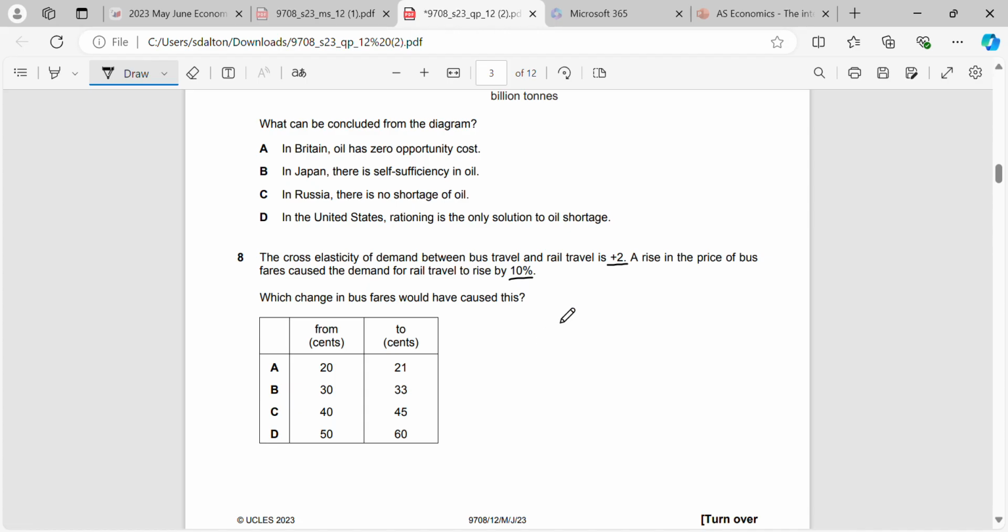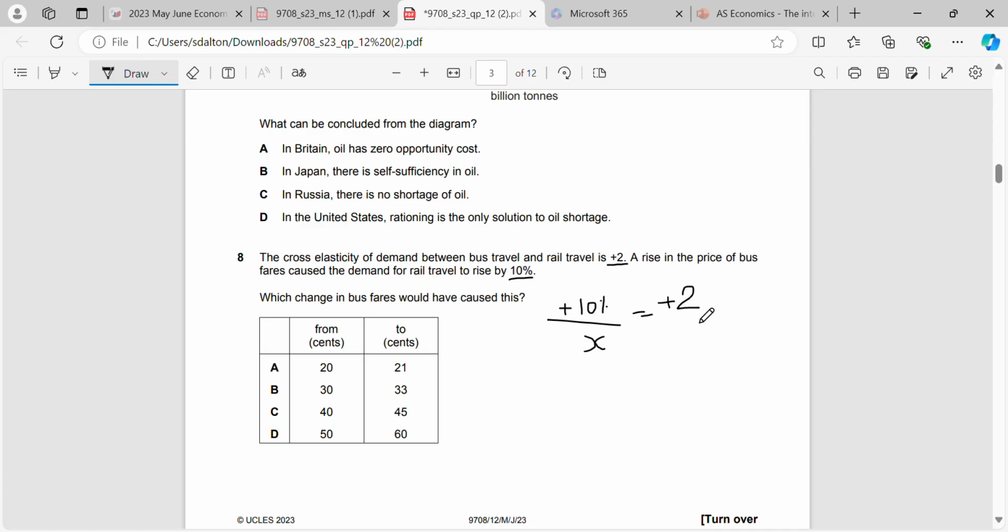Remember that the cross-elasticity of demand compares two goods, good A and then good B, right? So let's say rail travel is good A. We would have essentially +10% divided by X, good B, which is going to be our bus fares, is going to be +2.